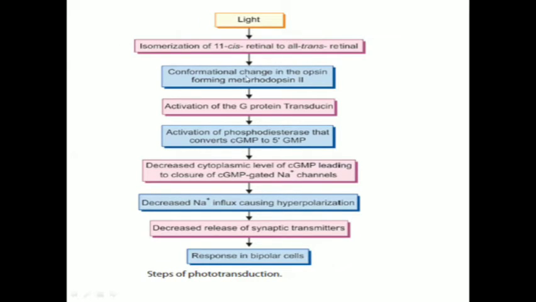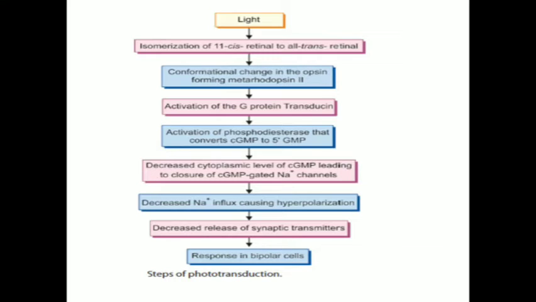And due to this change, there is conformational change in the opsin forming metarhodopsin 2. As a result, there is activation of the G protein transducin. This transducin activates another enzyme, the phosphodiesterase, and this phosphodiesterase converts the cyclic GMP to 5'-GMP.